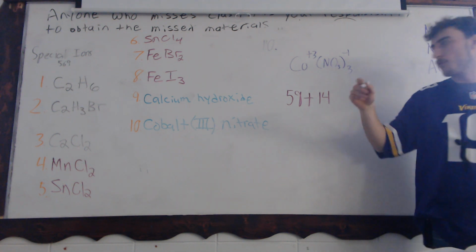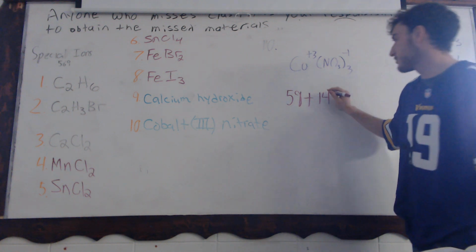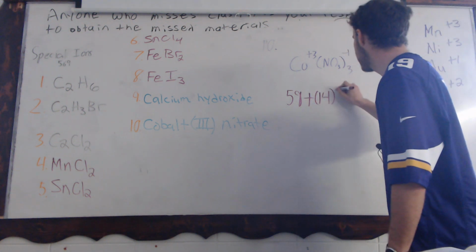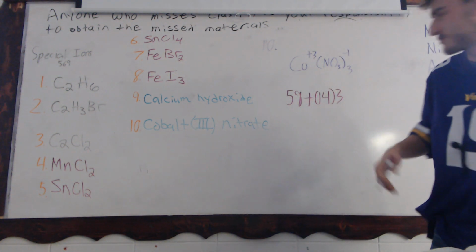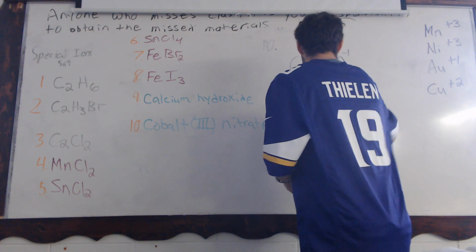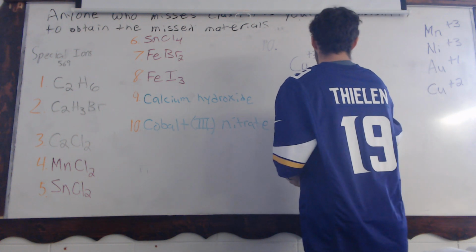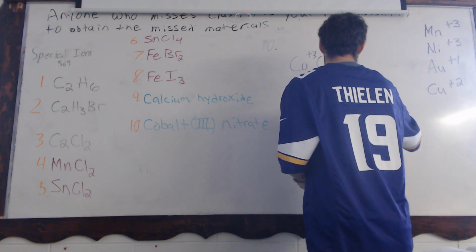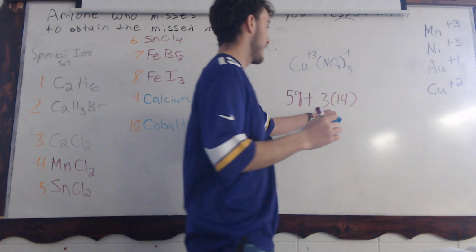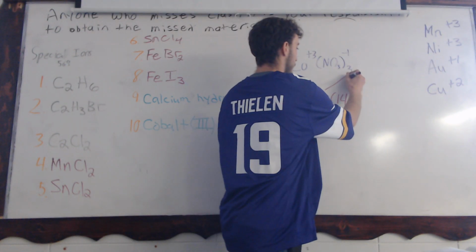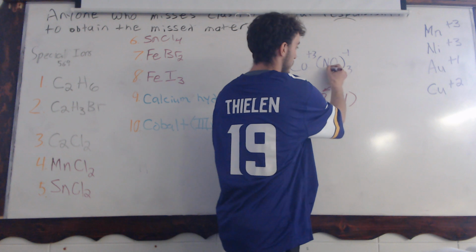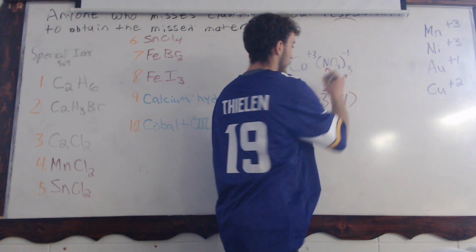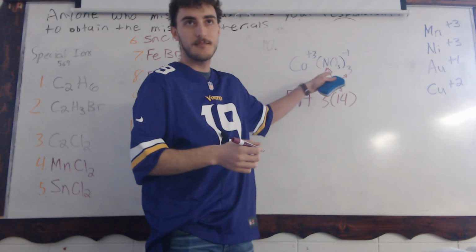Okay, so we have nitrogen. Let's multiply it then. Nitrogen times 3. We have 3 of them. 3 nitrogen.